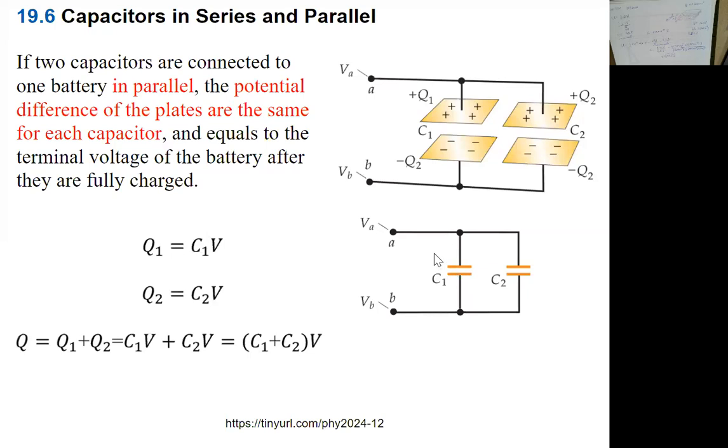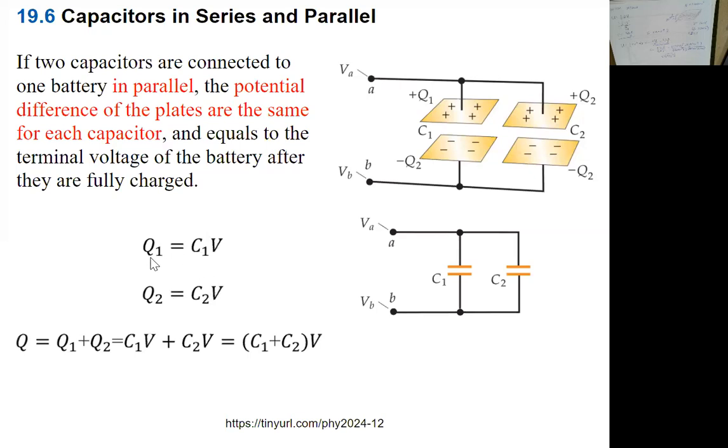All right, so if you have two capacitors connected like this, their voltage across the plates is the same. So you can calculate how much charge is deposited on the plates. For capacitor 1, Q1 equals C1 times V. For the second capacitor, the charge deposited on the two plates is Q2 equals C2 times V. V and V are the same.